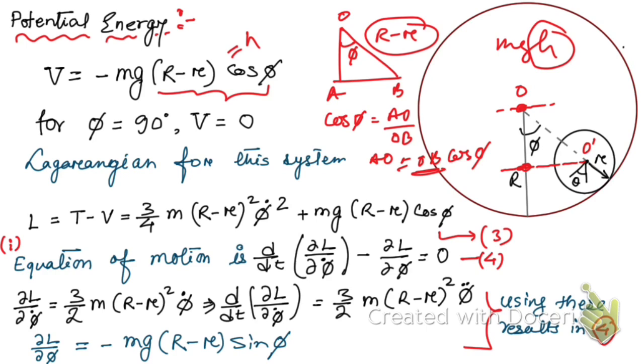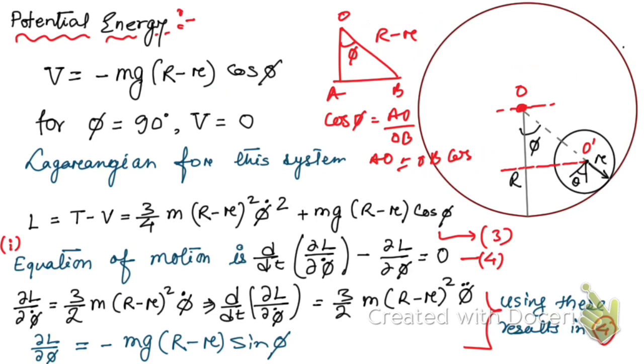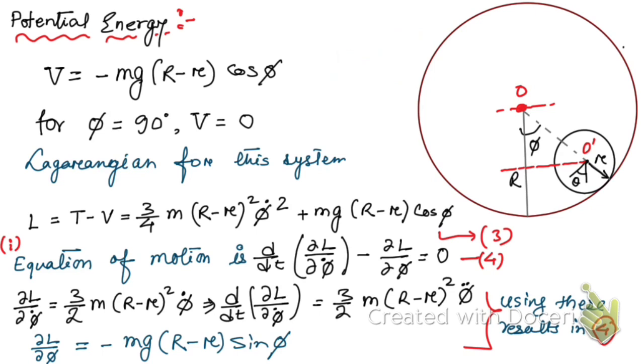Okay, and mg into h. So here it is mg, g, you know, acceleration due to gravity. So hope you understood these things. So now you see what we're gonna do here. So let me clean it. Here you see for phi equal to 90, cos phi will be 0, then potential will be 0 here.